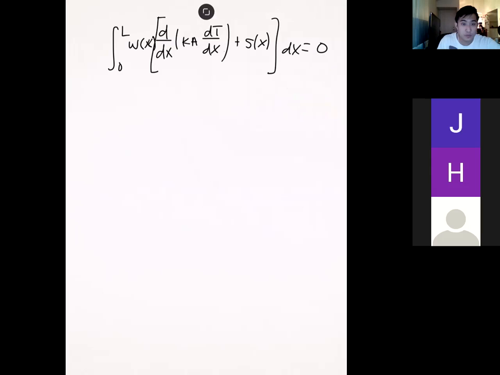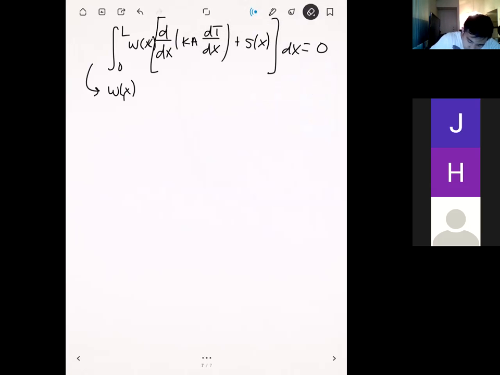Where once again, remember, after we've done this, we have to require that w of x vanishes on our essential boundary.